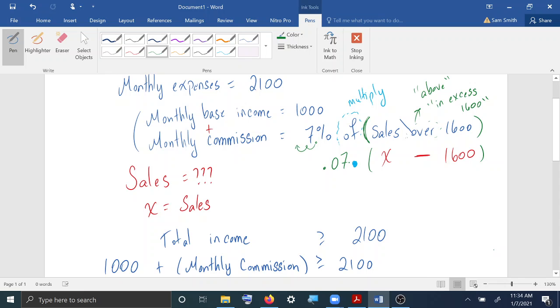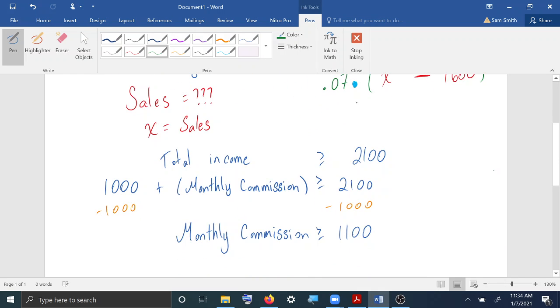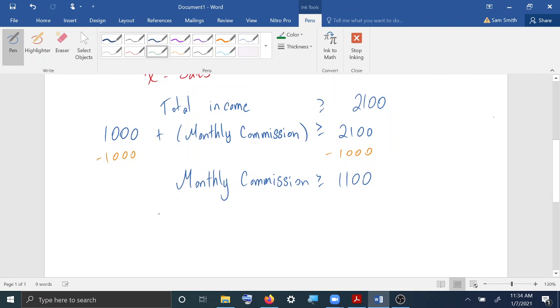Doing that analysis word by word, we found an expression for the monthly commission: 0.07 times (X minus 1,600). And so let's use that down below. We want our monthly commission to be greater than or equal to $1,100, and our monthly commission was 0.07 times (X minus 1,600).